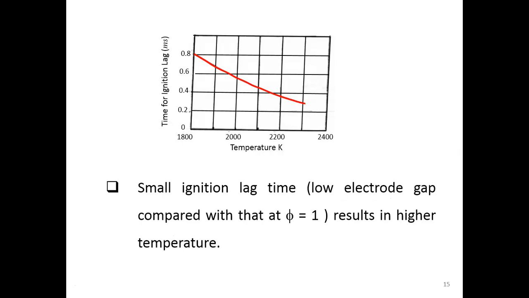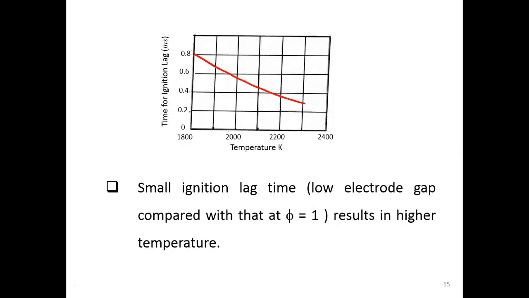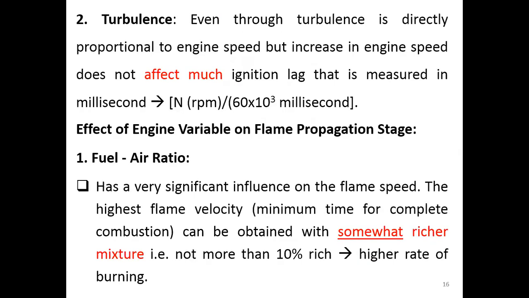The same as this one. When you go for stoichiometric ratio here, you have the shorter time for the ignition lag state. So higher temperature results in a shorter time for the ignition lag state here. Okay. That is the first engine variable, the electrode gap.